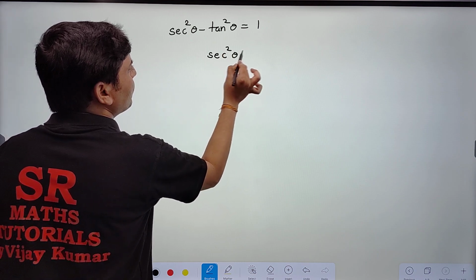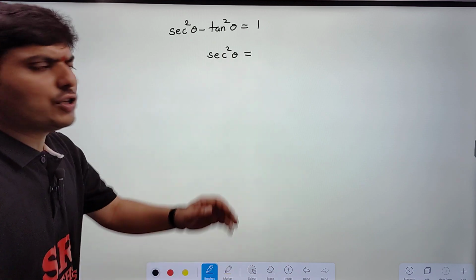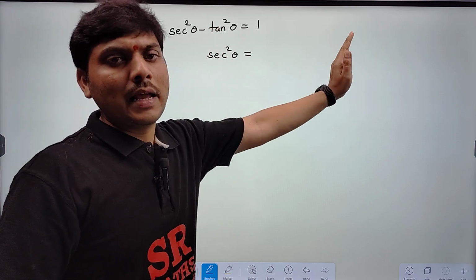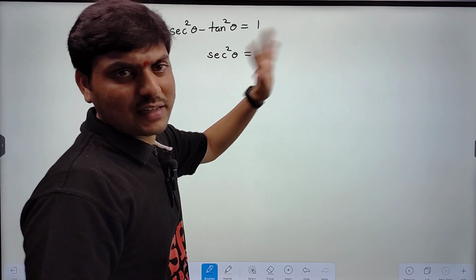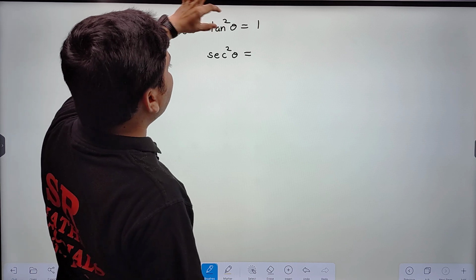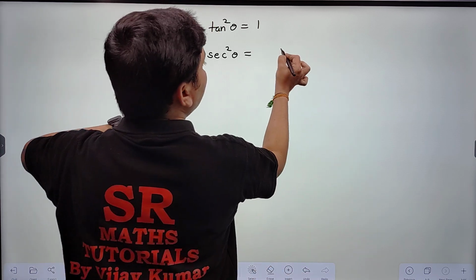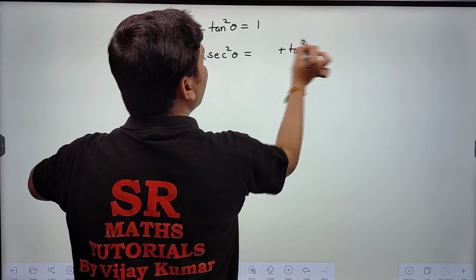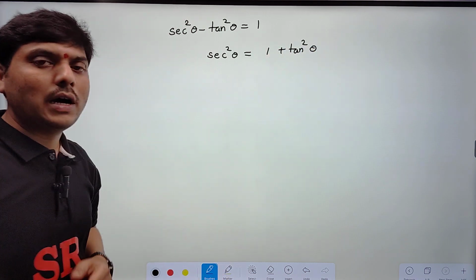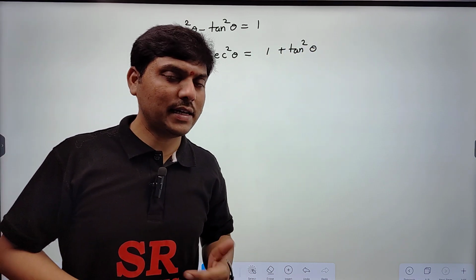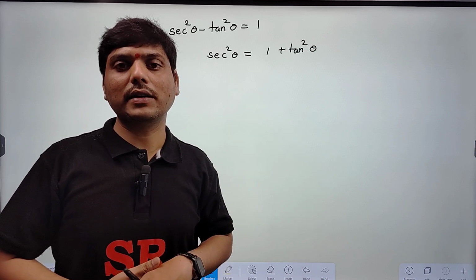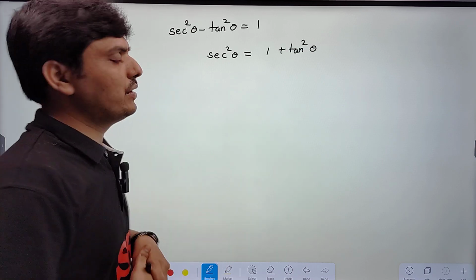If you want secant square theta, then tan square theta moves from left to right and immediately its sign is changed. Actually, tan square theta is negative, you write positive. Tan square theta is added to 1. So our formula is secant square theta is equal to 1 plus tan square theta.